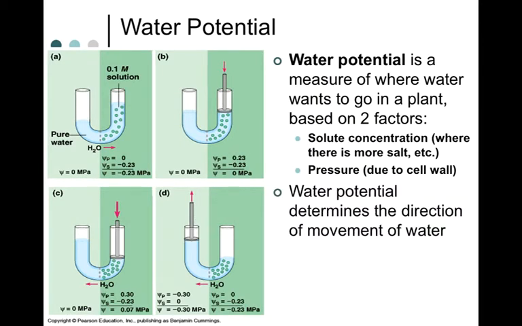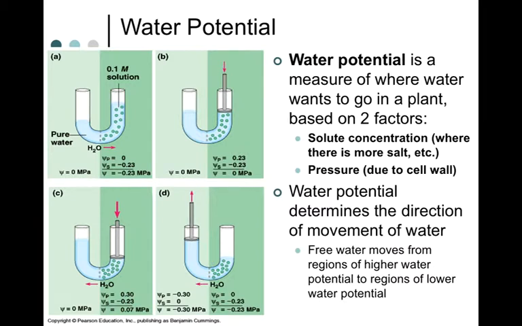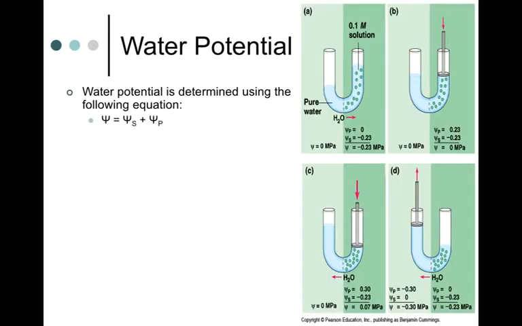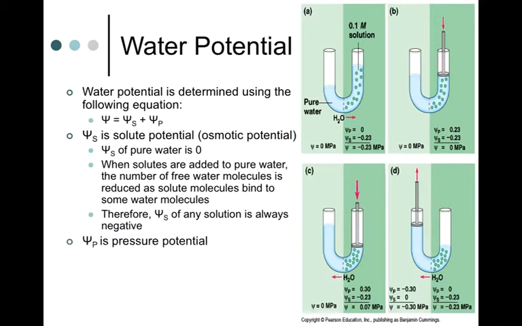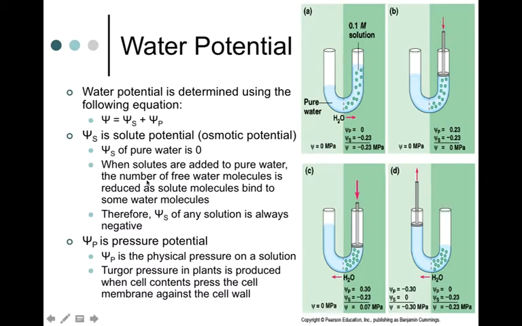Hopefully something that you should remember from looking at water potential in some of the previous sections is that water potential is determined by a couple of things: the solute potential and the pressure potential. So in simple terms, if it's got more solute in it, it's going to be more negative.